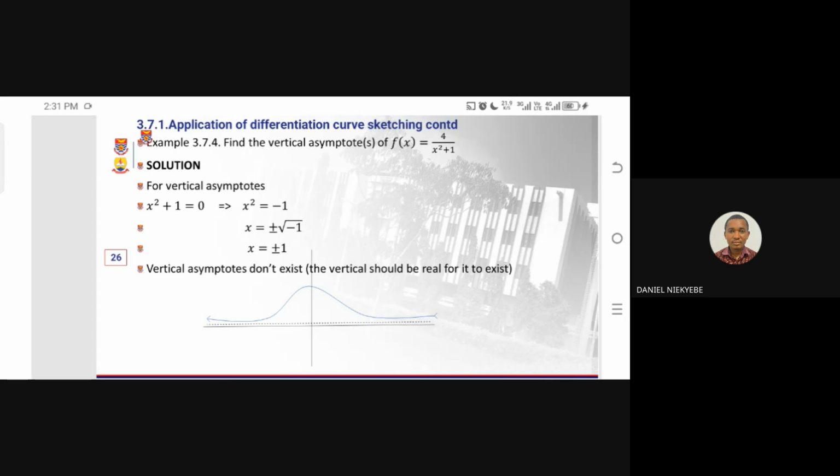It's going to be a complex number. So it implies that for this particular function, it does not have a vertical asymptote, meaning that it exists for all real numbers. Every real number that you put there will be defined. So that is it for this example.